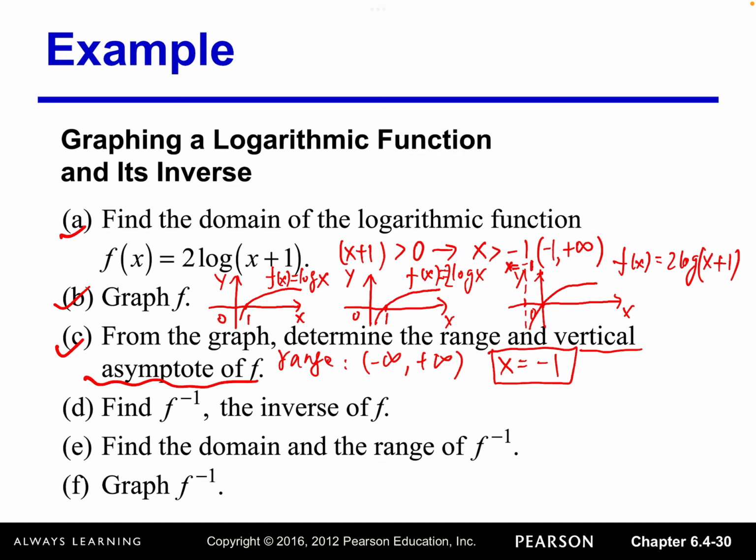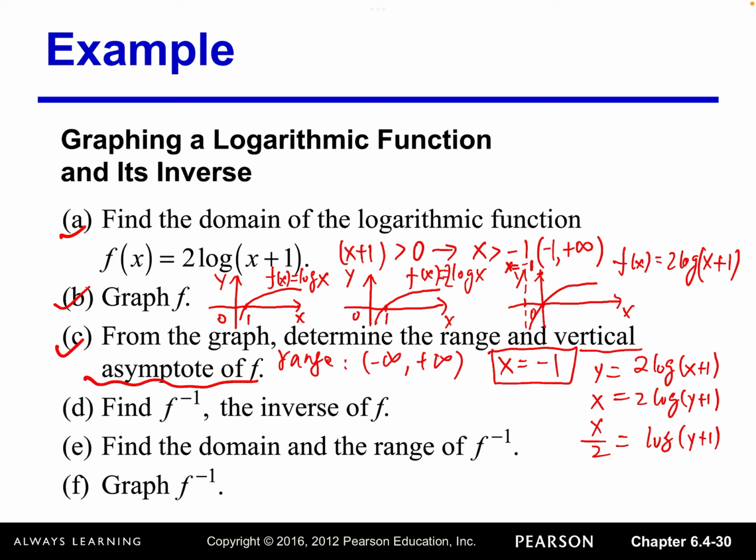And then the next step, we're trying to find the inverse function. We write y equals 2 times log of (x plus 1). First step, we swap x and y: x equals 2 log of (y plus 1). Then divide both sides by 2, so x over 2 equals log of (y plus 1).